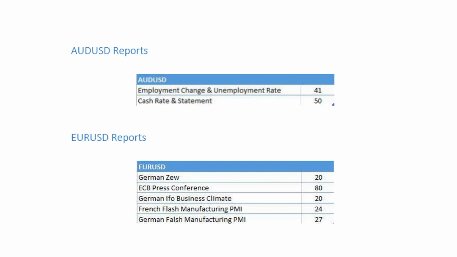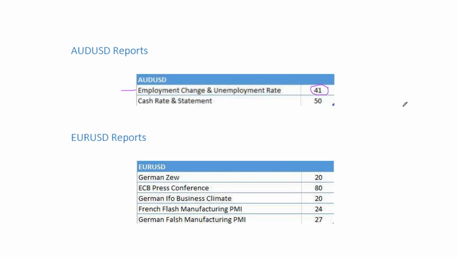Now, this is the Aussie dollar reports, and this just highlights the ones that I would prefer to trade because there's substantial movement in them. One is the unemployment number: employment change and unemployment rate. The Aussie dollar typically, on average from my data, moves 41 pips off of that report.